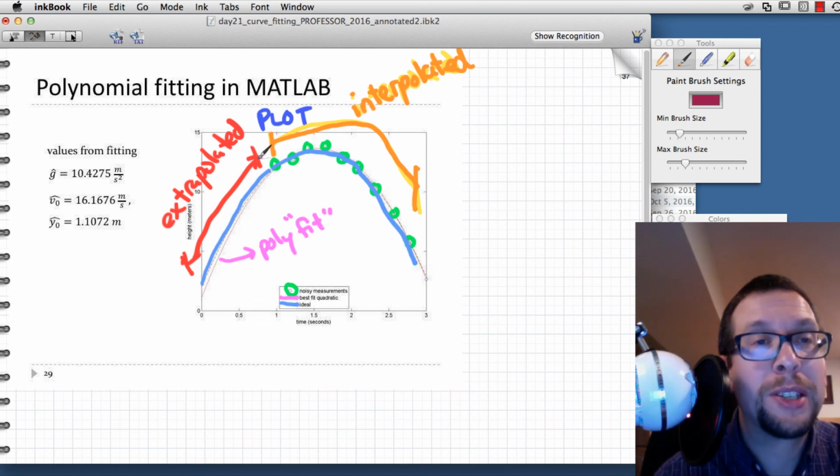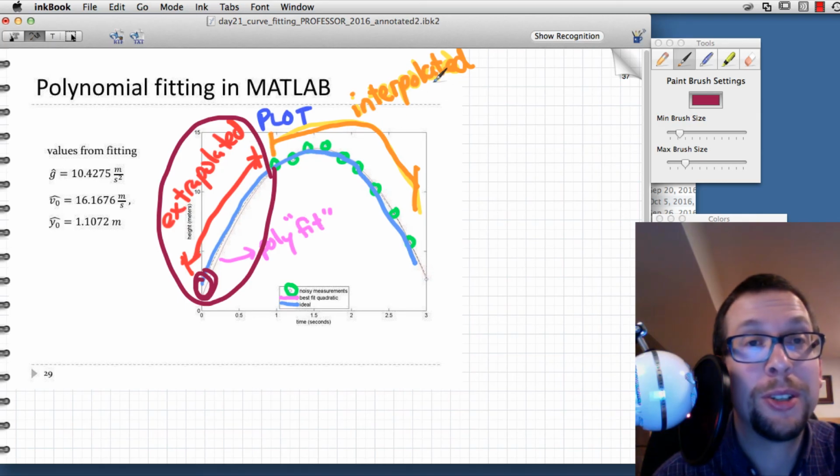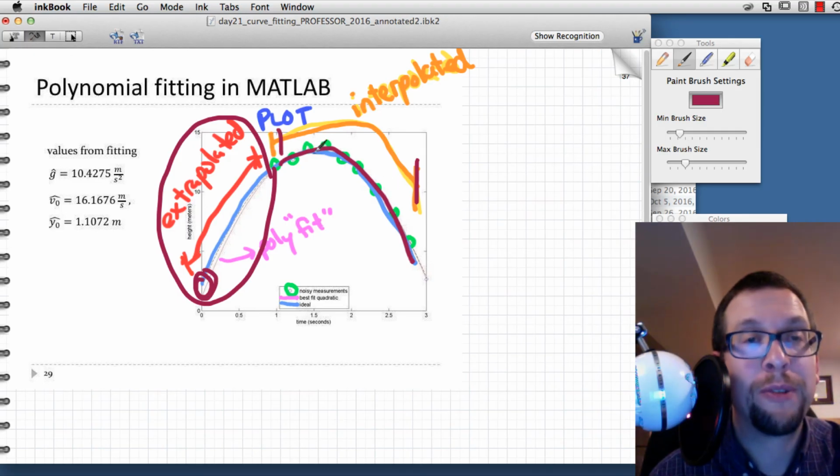The other thing to point out is that all of the data that could be calculated in here, including the intercept conditions, are based on extrapolations. Any additional data points that we calculate between measured values would be referred to as interpolation as well.